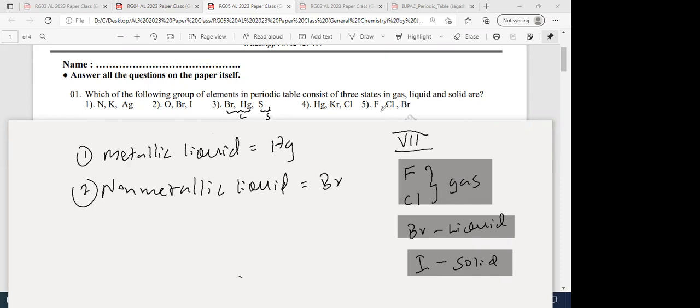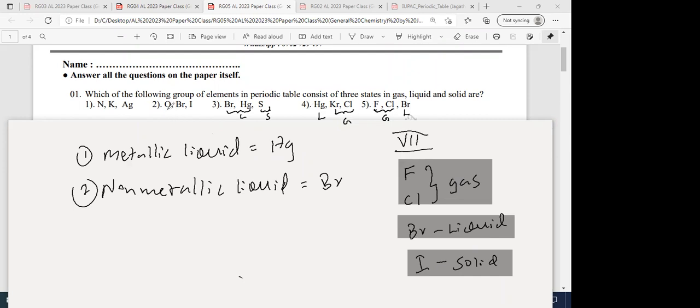So the answer is the second, not 5. Because these two are gas and bromine is liquid. In option 5, krypton gas, chlorine also gas, and mercury liquid.